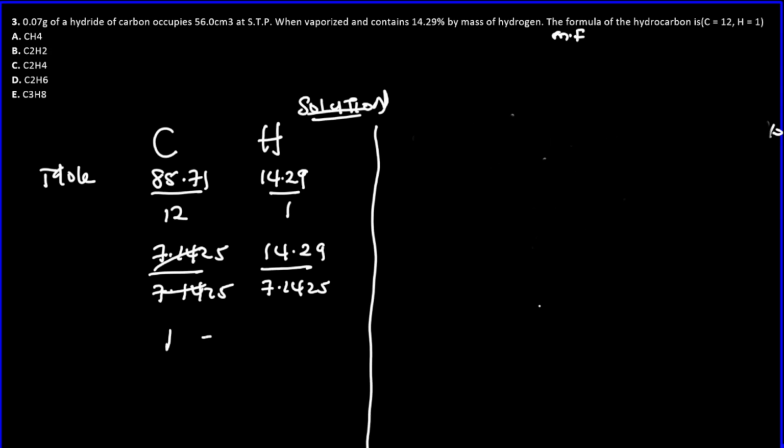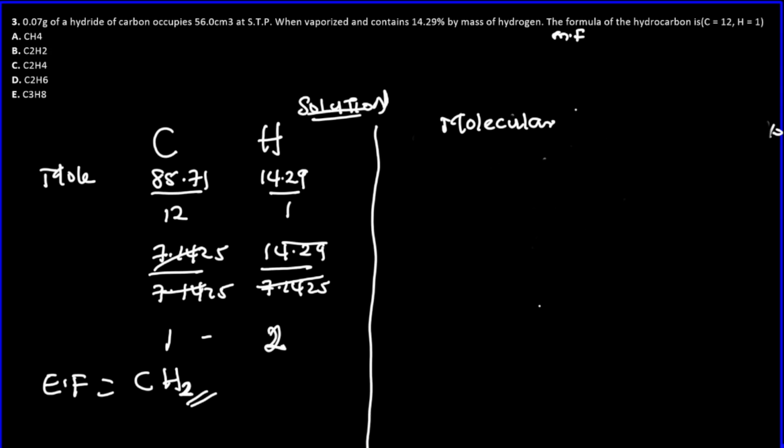This gives us 1. This gives us 2. So the empirical formula is what? CH2. Empirical formula is CH2. Now, what is its molecular formula?